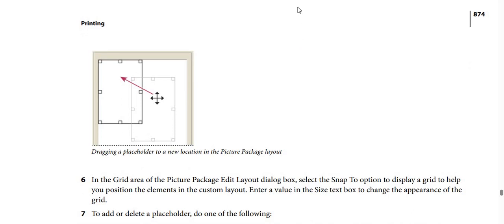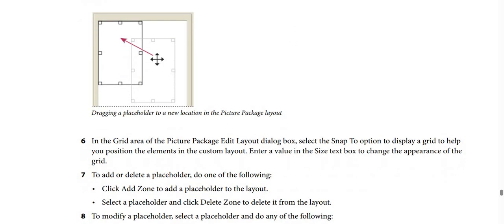Like the next screenshot, this image now explains for you how to drag a placeholder to a new location in the Picture Package layout. Step number 6. In the Grid area of the Picture Package Edit Layout dialog box, you should select the Snap To option to display a grid to help you position the elements in the custom layout, and you should enter a value in the Size text box to change the appearance of the grid.